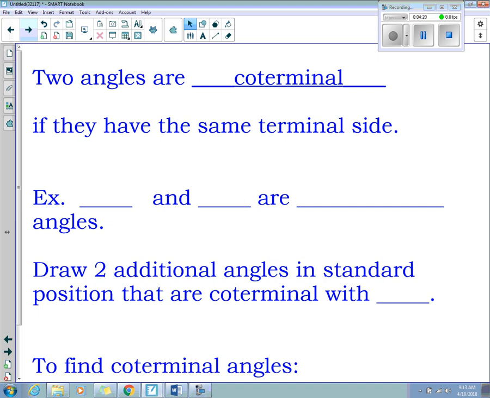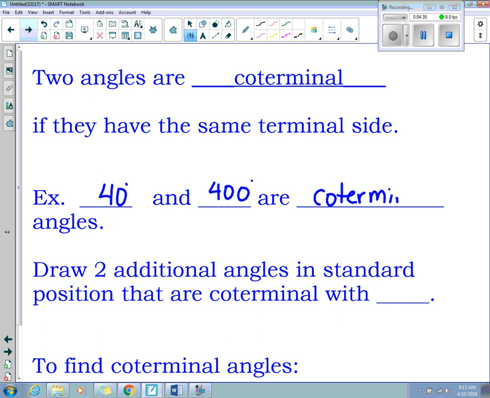They're not necessarily the same measure, but they have the same terminal side. So two examples we actually saw right there were 40 and 400. And again, those are called coterminal. I don't know if you noticed this or not, but the negative 210 angle ended in the same place as 150. So that was another example we have already seen.